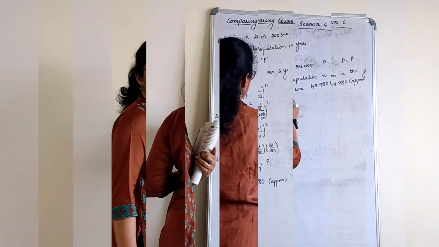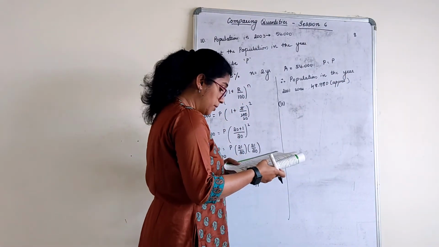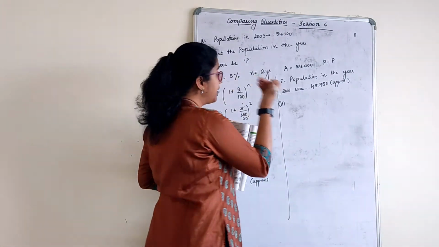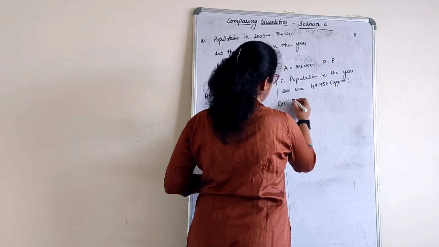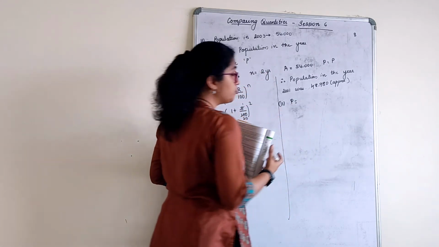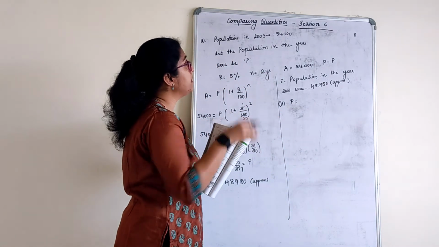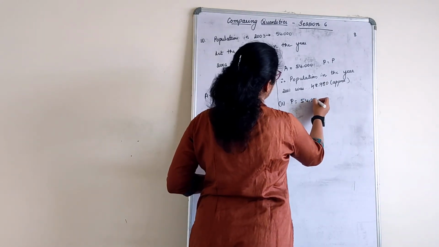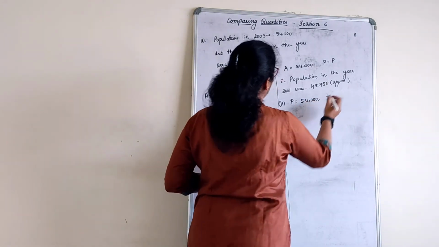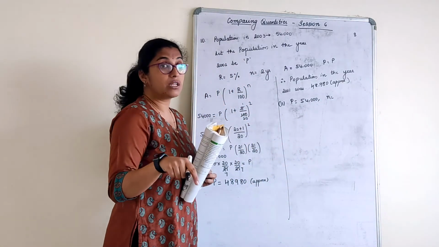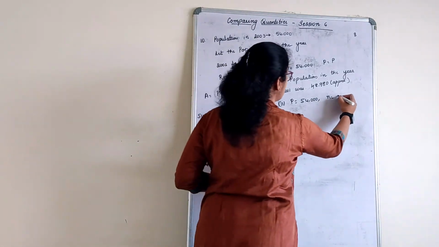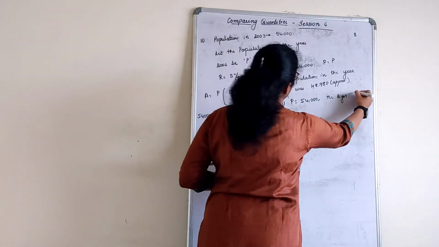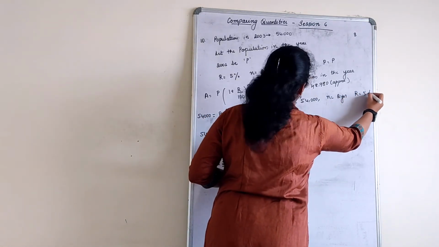Second part, we have to find the population in the year 2005. So to find that, what should be the principal? That is nothing but the population in the year 2003, that is 54,000. Then what is the time? From 2003 to 2005, it is 2 years. The rate remains the same, 5%.